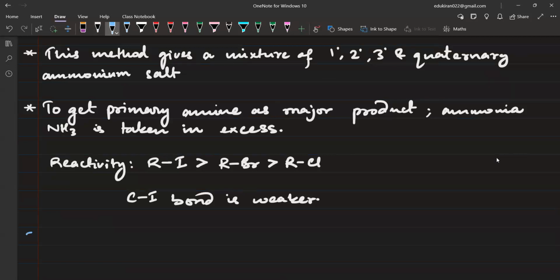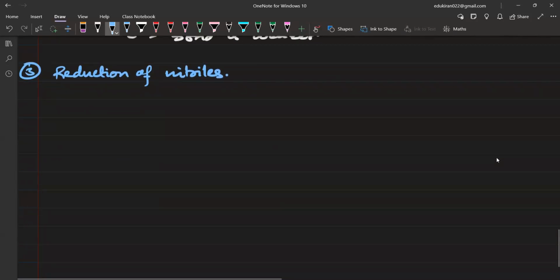After this, you will write the third method of preparation, the reduction of nitriles. See here.